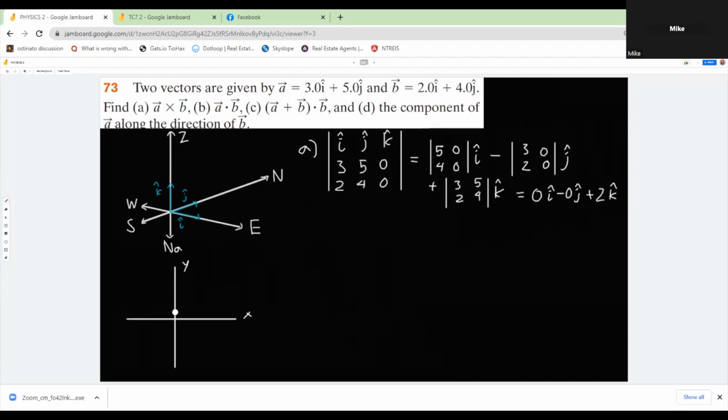So, use a scale. So, and then label that. So, 3, 5, that's A. Tama.